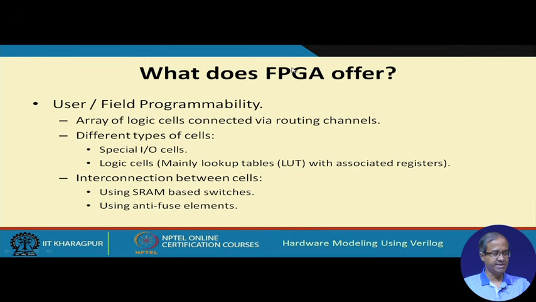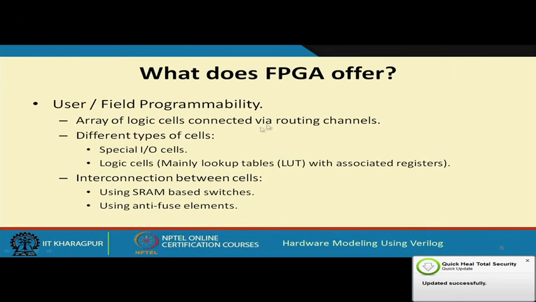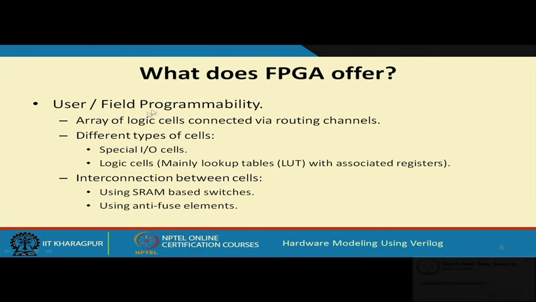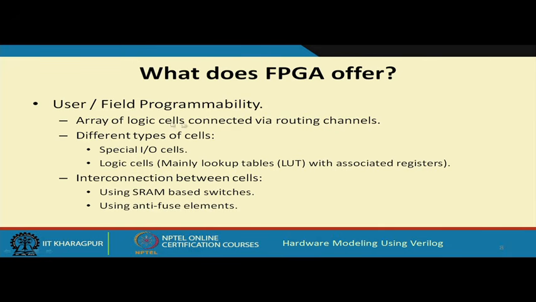FPGA, as I said, is a programmable device, but inside there is an array of logic cells. Well, array means many thousands of logic cells. They are placed in a regular array and they are interconnected via routing channels. Now, both these logic cells and the routing channels are programmable, means their functionality can be modified.